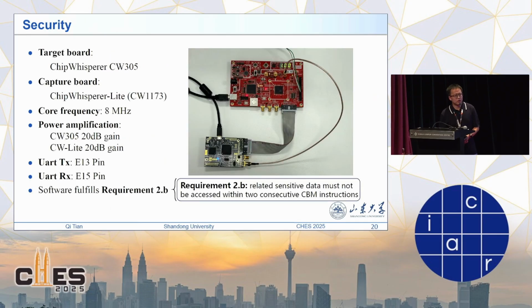Then we perform security evaluation for the error-optimized version using CW305 and CW Lite with the processor running at 8 MHz. The software fulfills requirement 2B.